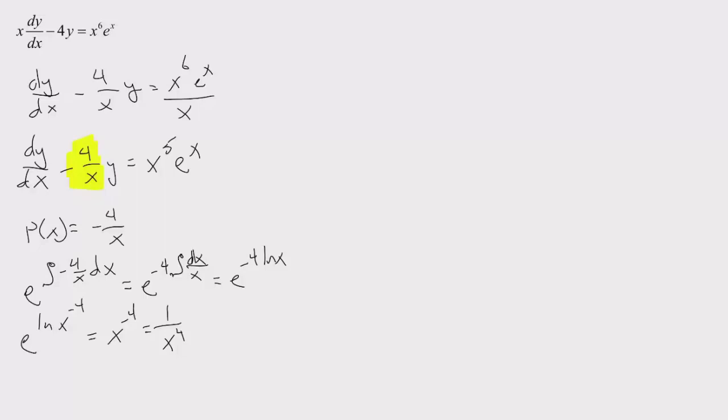Okay, so let me run over here and let's see what we got so far. We're going to multiply every term by that 1 over x to the 4th.